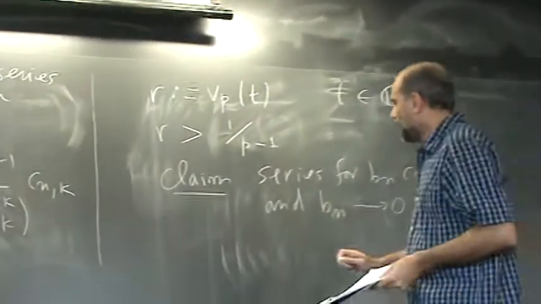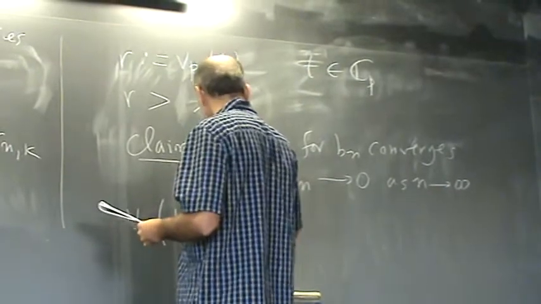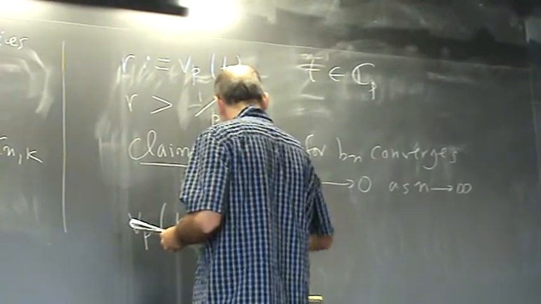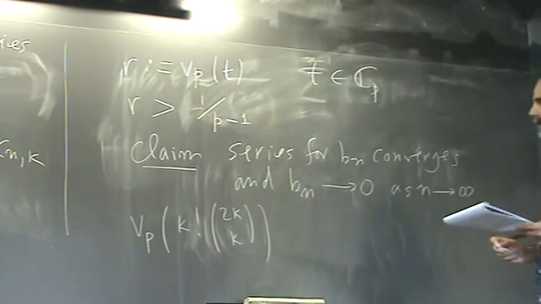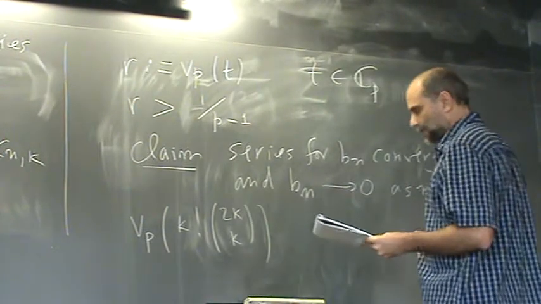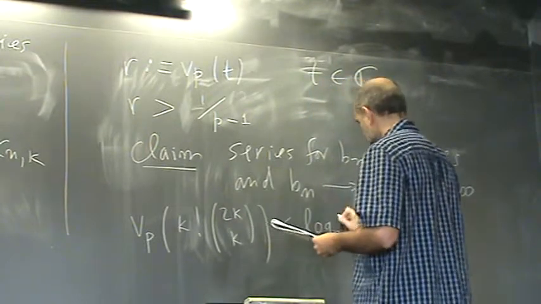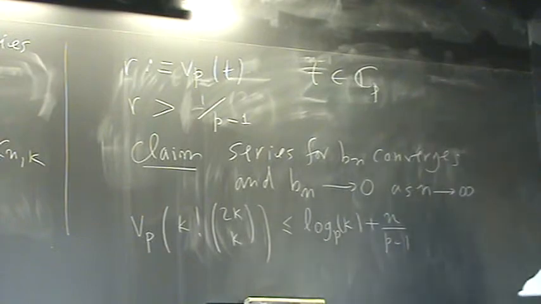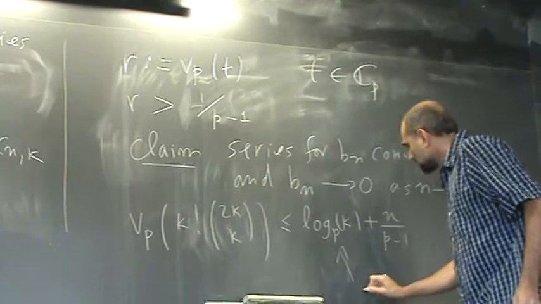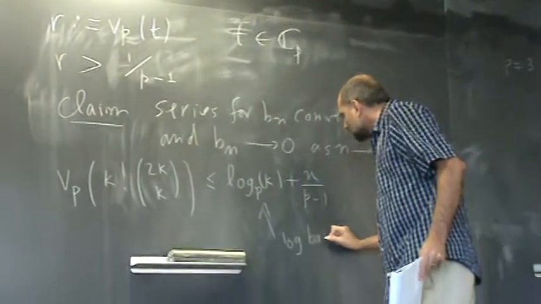So for this, we have to look at the valuation of k factorial times 2k choose k. Well, I don't know how much of this I really want to write out, but this is the nitty-gritty of this argument. It's just a careful analysis of the valuation. This here is just the log in base p, a real number.